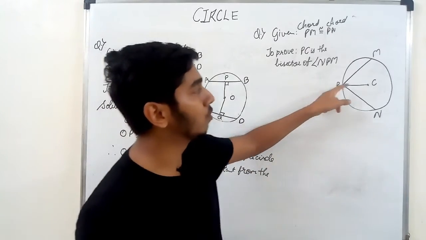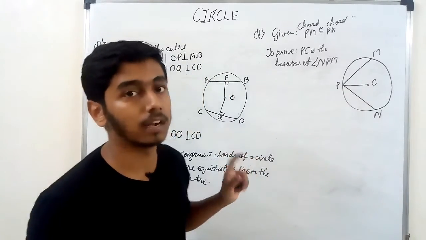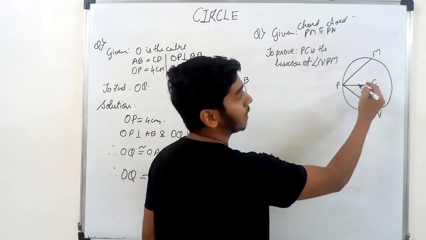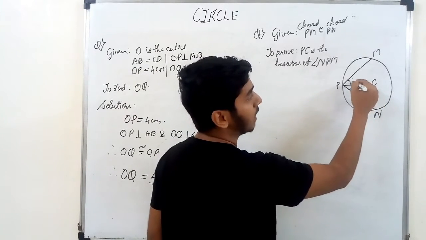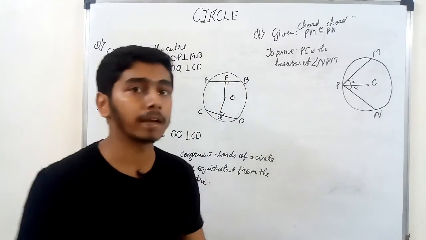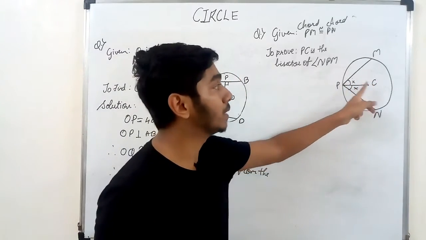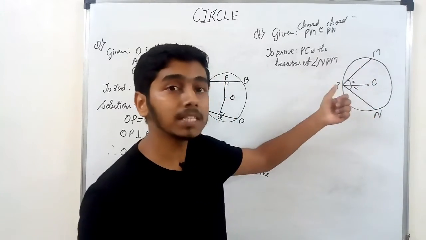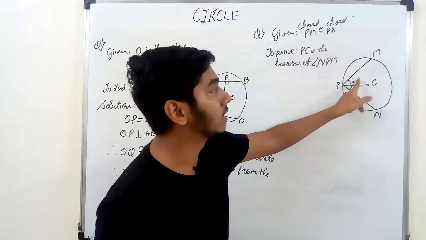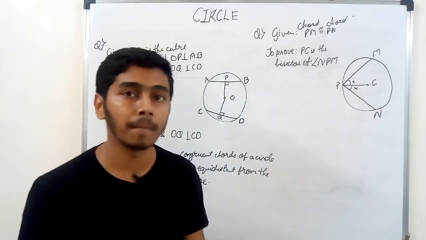Now if you want to prove PC as the bisector, that means this ray PC divides the angle into equal parts. Correct? That means we have to prove that these two angles are congruent.